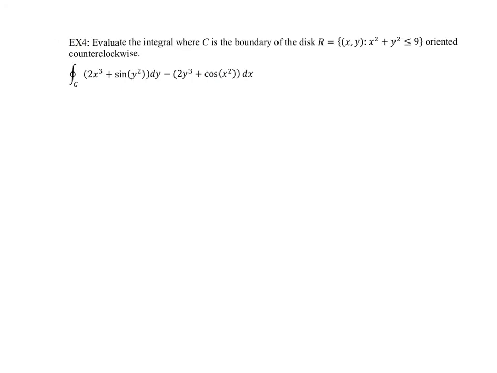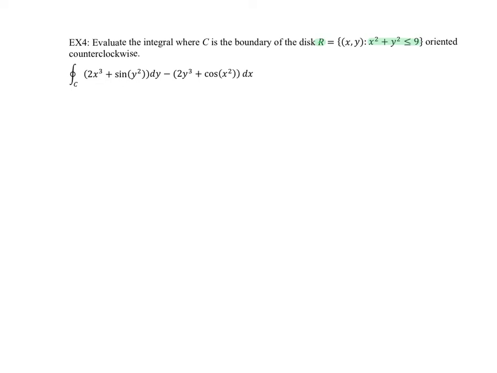In example 4, we want to evaluate this integral. Our curve C is going to be at the boundary of this disk R. So here our disk R looks like the region x squared plus y squared less than or equal to 9. So the region R is an area, it's circular.